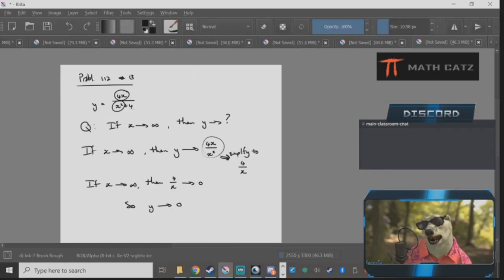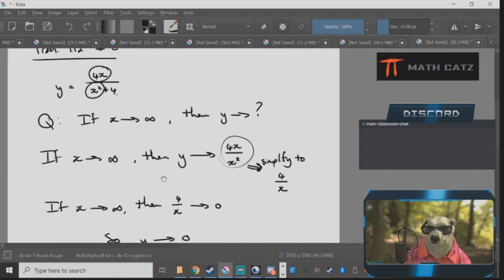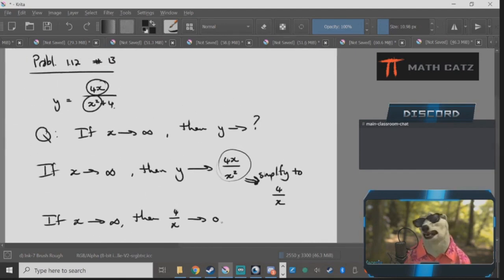So what this is saying is, if I look at, let me zoom in, the original function, 4x in the numerator, x squared plus 4 in the denominator, the whole thing shrinks down to 0 eventually. In the middle, other things are happening, I have no idea. Long term, the whole y value shrinks down to 0, which when you think about it makes sense because x is growing, 4x is growing, and x squared plus 4 is growing.